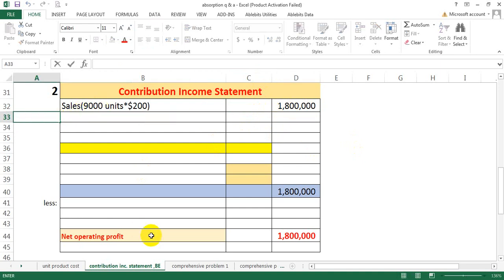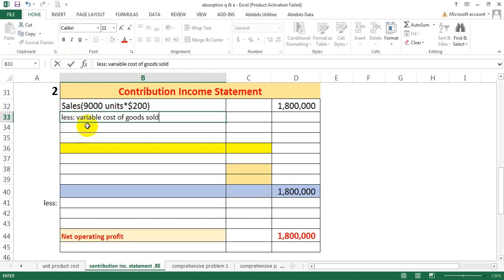Here, what do we do? Less all variable costs. Subtract all variable costs. But we first need to calculate the variable cost of goods sold, right? So what is the variable cost of goods sold and how can we calculate it?